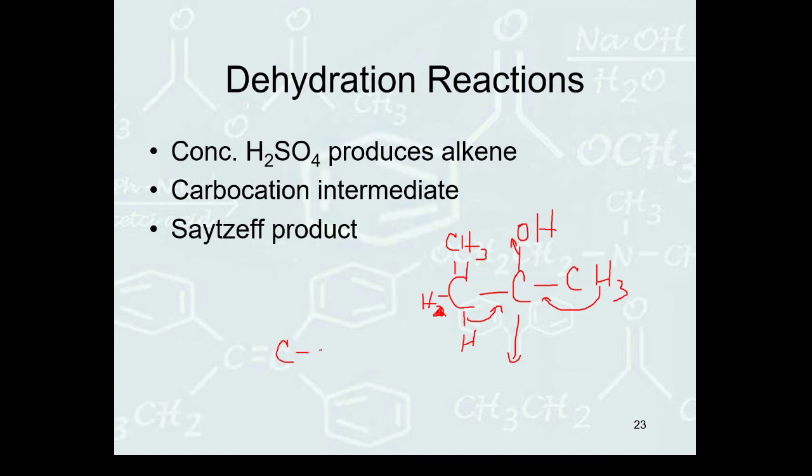And the majority product is this, and it's known as Zaitsev's product, because it's known as Zaitsev's rule, that says when a double bond forms, it's going to make the double bond with the carbon that's the more alkyl substituted.